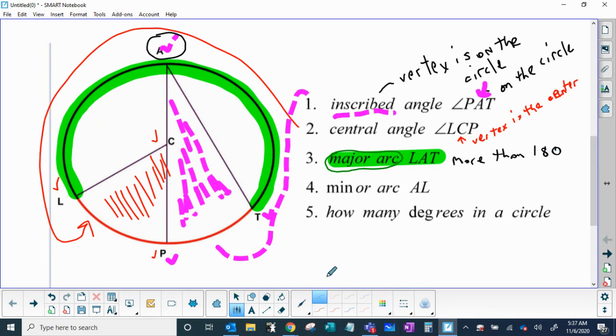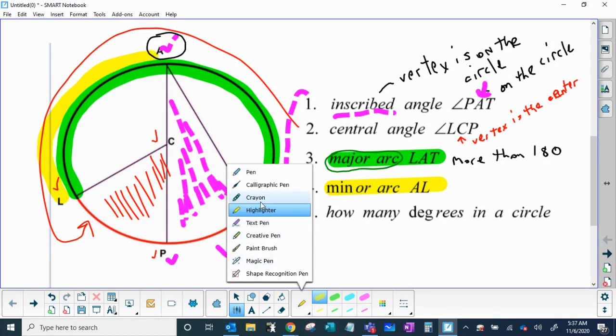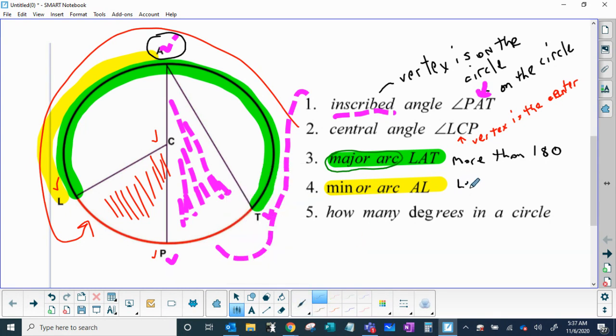And since we're here, we have a minor arc AL. Let's grab a different color highlighter. Minor arc AL. Less than 180. Okay? Less than 180.